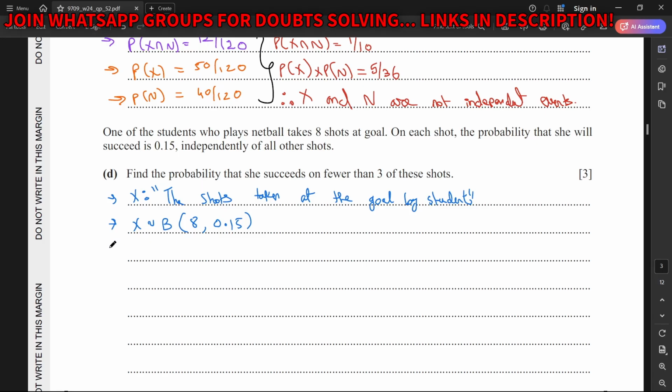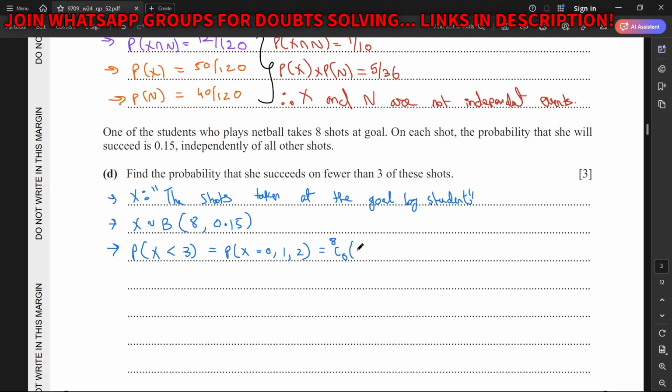Based on this, we have to find probability of x less than 3, which means probability of x is equal to 0, 1 and 2.